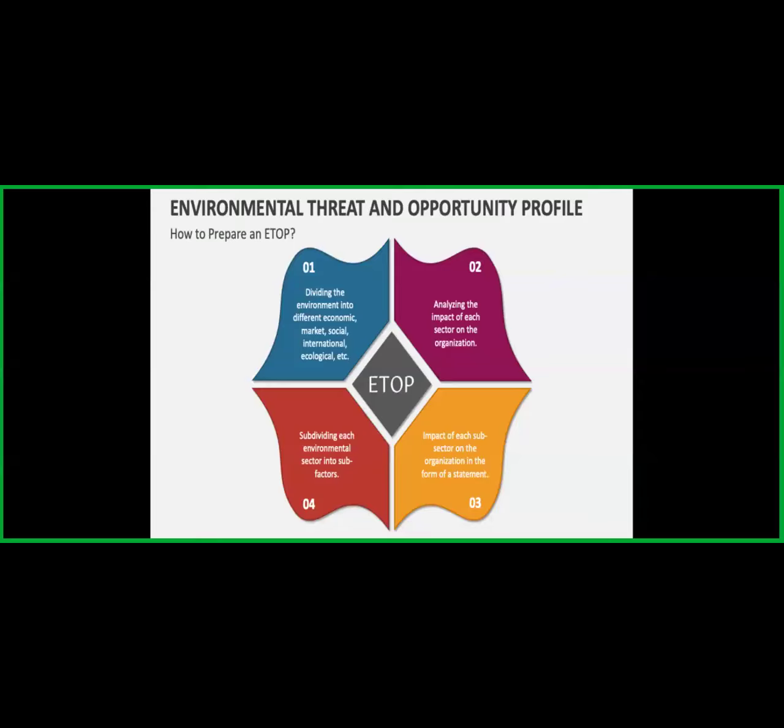Quadrant one represents the economic environment. Quadrant two represents the technological profile. The third quadrant represents the socio-cultural, and the fourth quadrant represents the political profile.